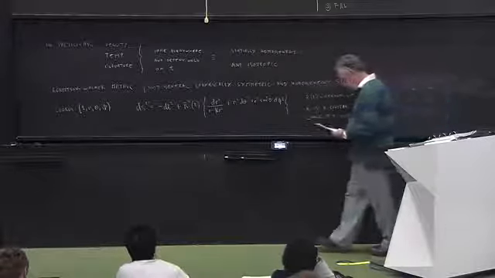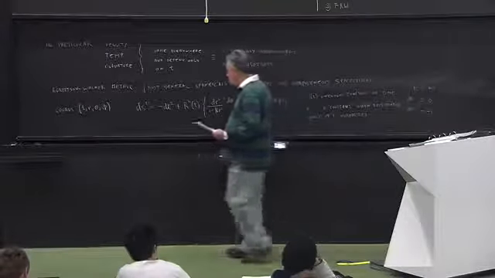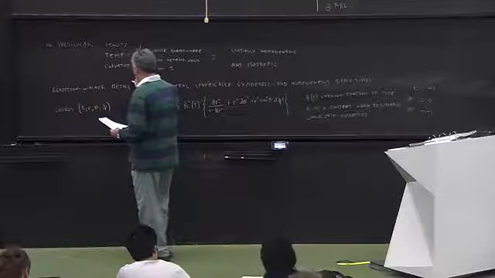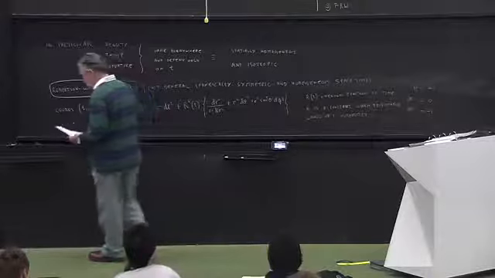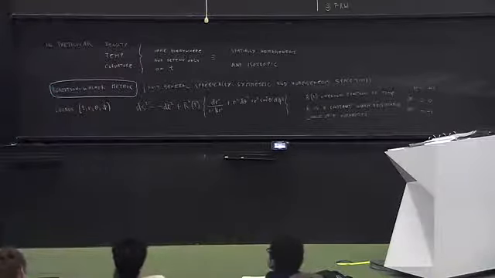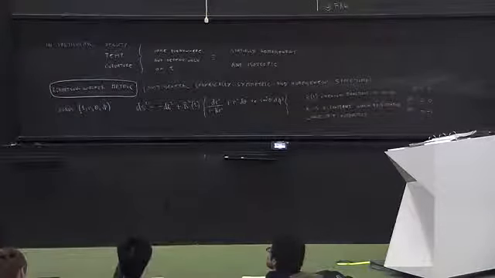Three possibilities. And this is known as the Robertson-Walker metric. So let's talk a little bit about this metric and what it means.